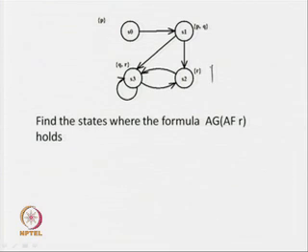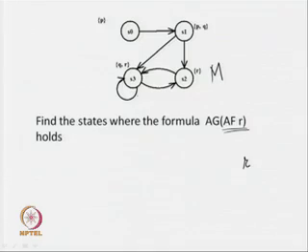Okay. Now, this is the same model I have over here, and now we are going to find the states where the formula AG AF R is true or not. What does it mean? In all paths in future R holds, and it says that in all paths globally whether this formula holds or not. R is an atomic proposition, so we say that R is a CTL formula.